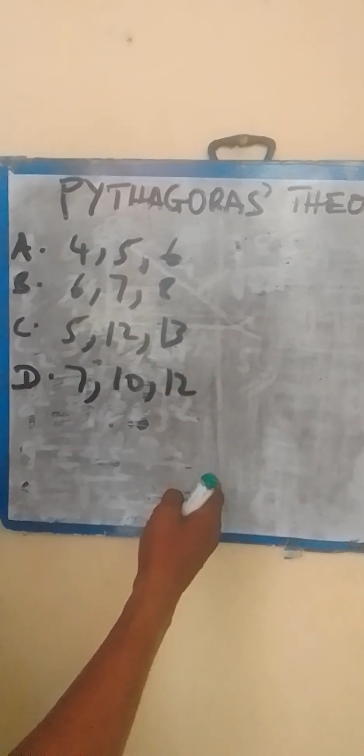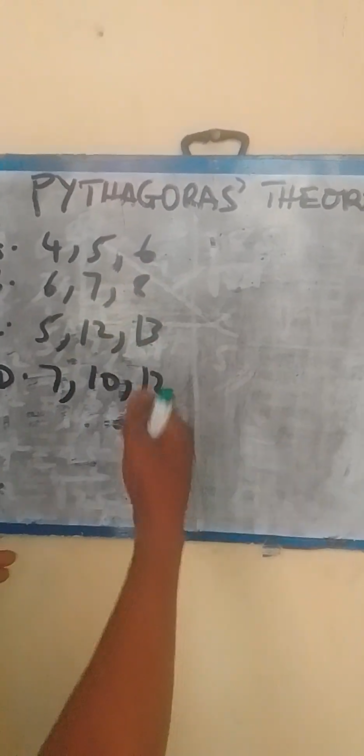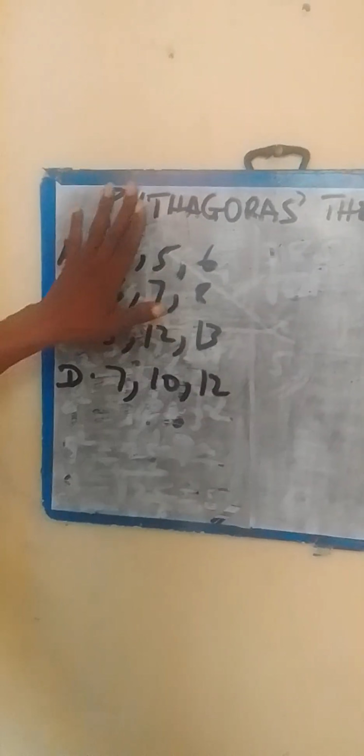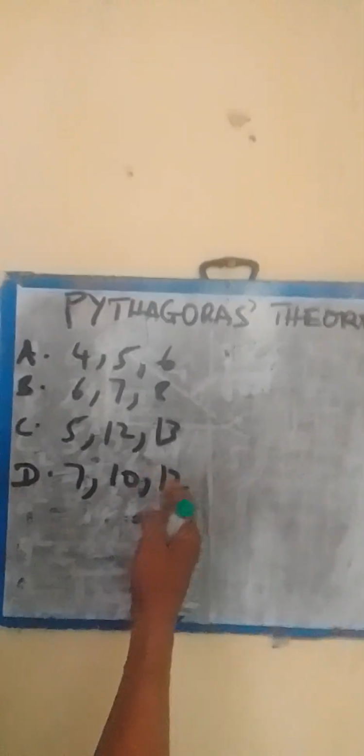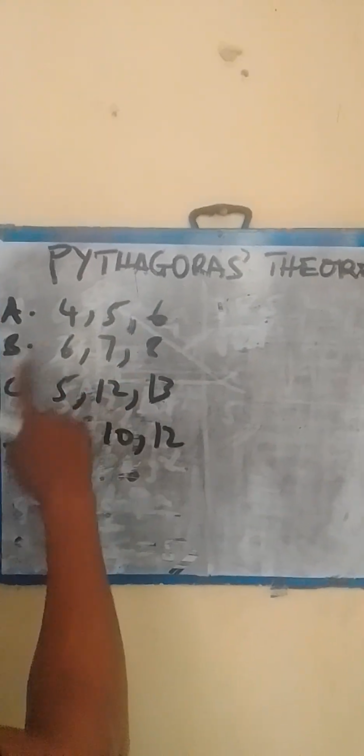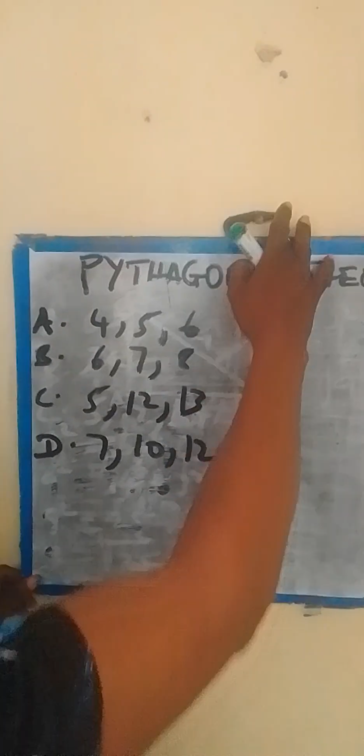This is a question that appeared in JAM. It's a question that also appeared in WAEC. So for you students, it is not a problem. So just watch. These are sets of numbers given to us. We are asked which of these sets of numbers form a right angle triangle.